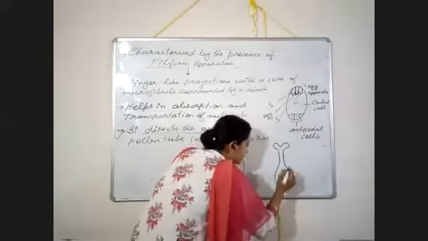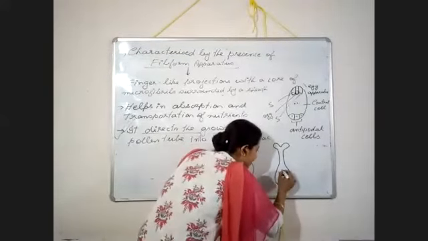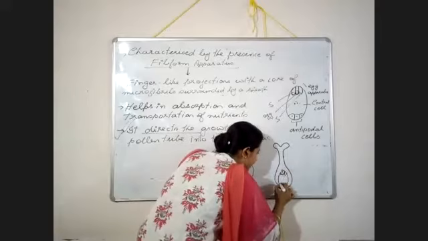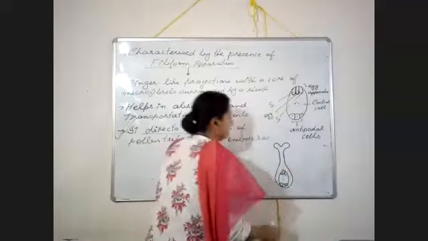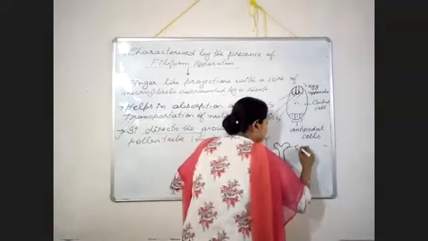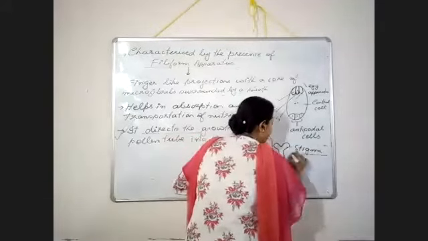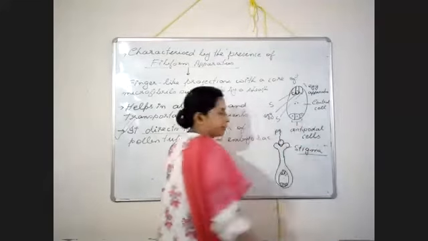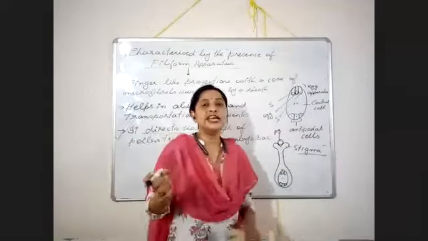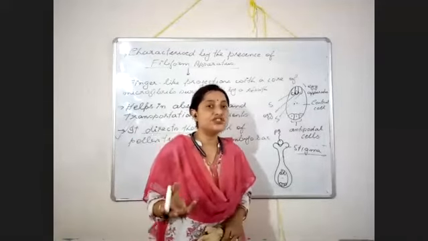Suppose this is the embryo sac, with the egg apparatus, antipodal cells, and central nucleus. This is the stigma, and on the stigma the pollen grain falls. I think you will remember the shedding at the 2-cell stage and at the 3-cell stage.